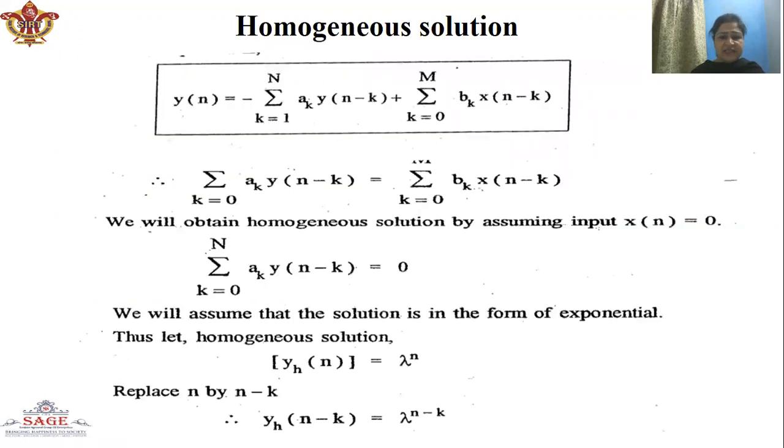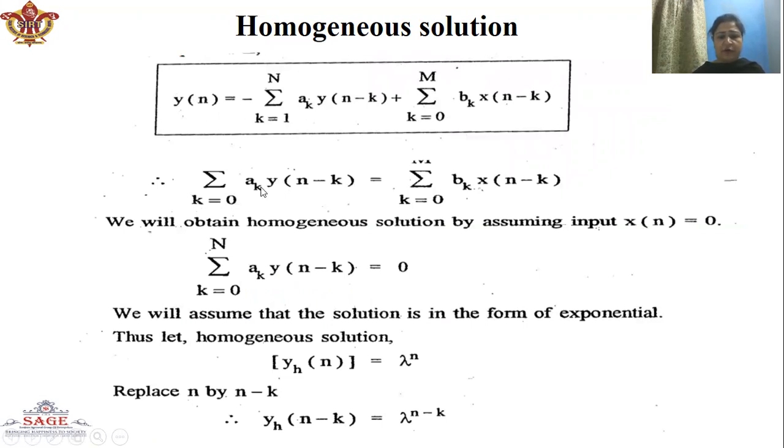Now, first we will see how we can find the homogeneous solution. I had already discussed that the total solution of any constant coefficient difference equation is represented by this equation. Now, if I take this term on the left-hand side, this minus sign will turn into plus sign and both these terms will be combined.